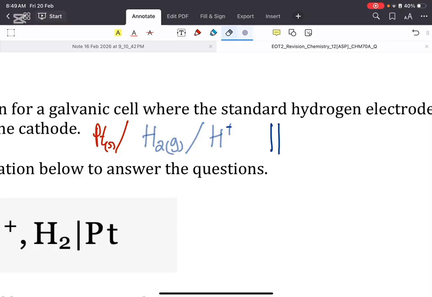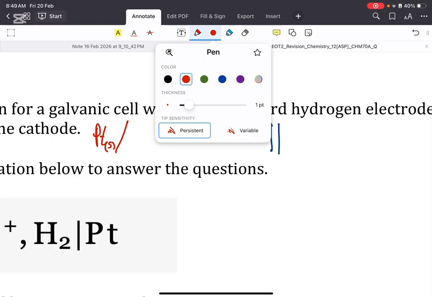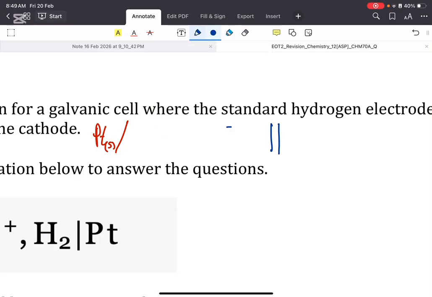Also, there's one important thing when you are writing the cell notation, and specifically because we have hydrogen gas, I need to say that it is at 1 atmosphere, and it's going to change into positive hydrogen ion at 1 molar.